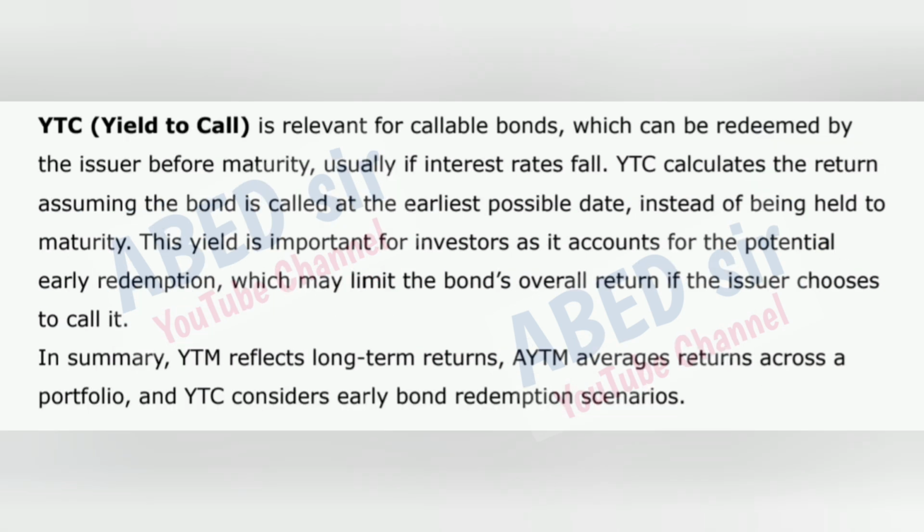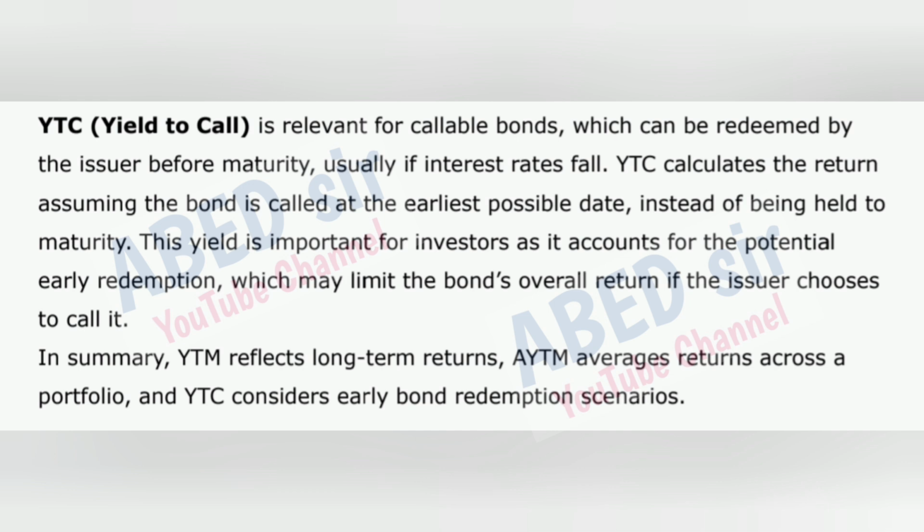YTC, yield to call, is relevant for callable bonds, which can be redeemed by the issuer before maturity, usually if interest rates fall. YTC calculates the return, assuming the bond is called at the earliest possible date instead of being held to maturity.